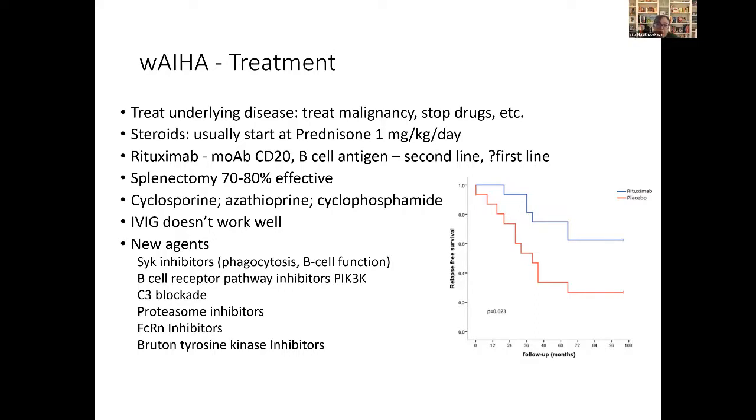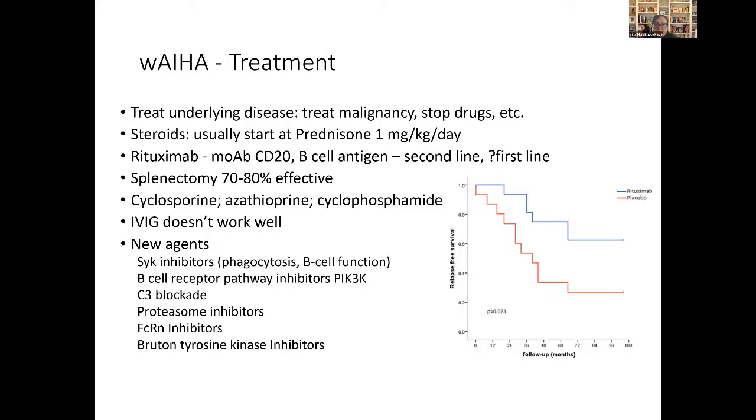And then there's a bunch of new agents that are currently being investigated, and some of them are going to be approved fairly soon for this condition. They include Syk inhibitors, which inhibit phagocytosis as well as B cell function. Syk is an enzyme that's intimately involved in B cell receptor signaling as well as phagocytosis.